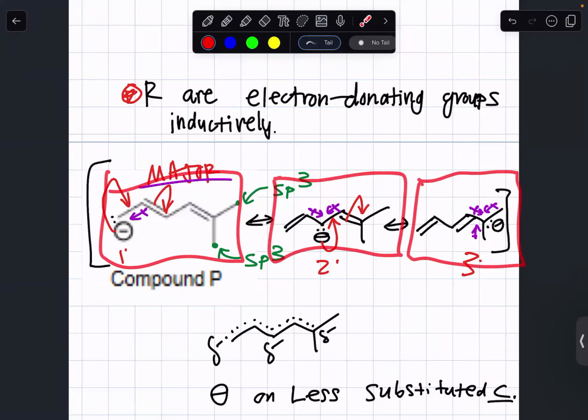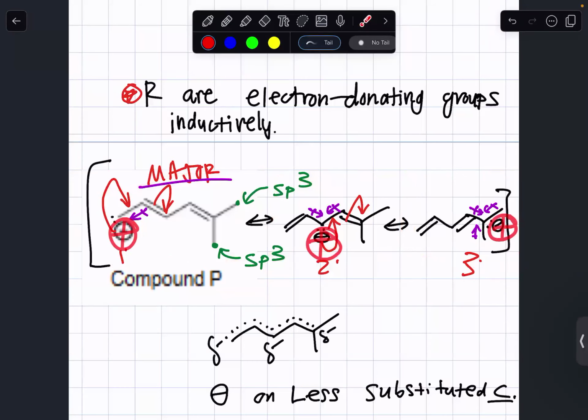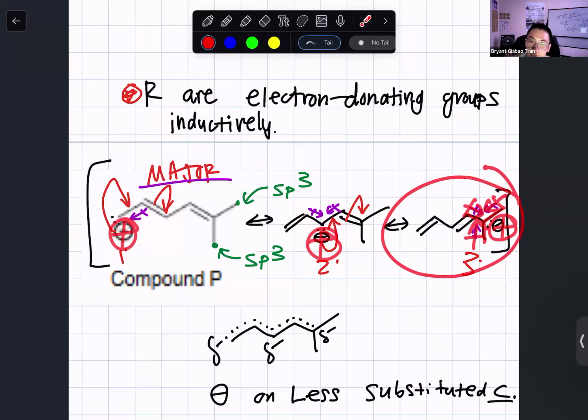Right. Okay. But for example, let's say these were positive charges, right? Everything would be reversed, because if they were positive charges, they prefer to have electrons, because opposite charges attract. And since there's more R groups or more hyperconjugation on the tertiary carbon, this is going to be the more stable one now, if this was a positive charge.